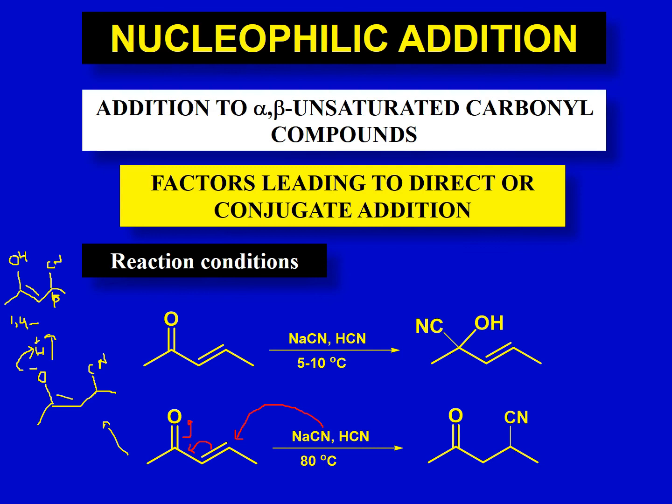But this molecule has a structural feature which we call the enol, and you know that enols can tautomerize to ketones quickly. So this enol then undergoes keto-enol tautomerism, which converts this enol into a ketone.